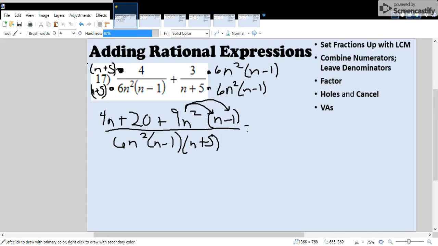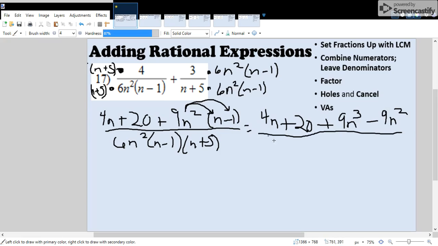So then you'll get 4n plus 20 plus 9n to the third power minus 9n squared. And then it's all over the same denominator we've been writing: 6n to the second power, parentheses, n minus 1, close parentheses, times, open parentheses, n plus 5, close parentheses.